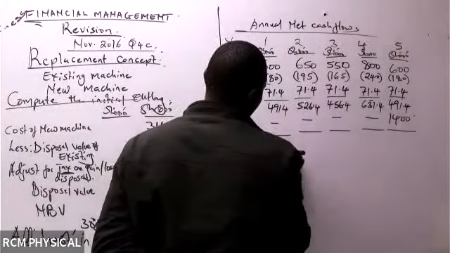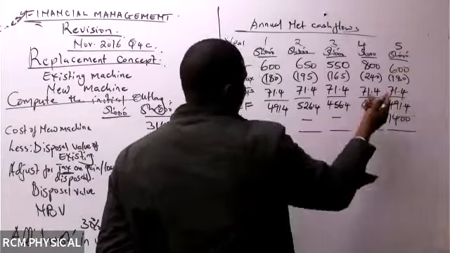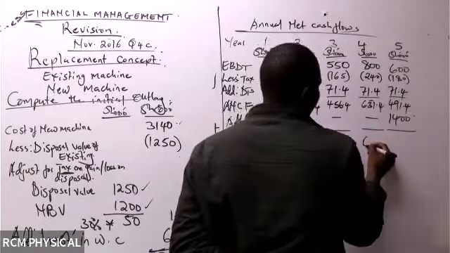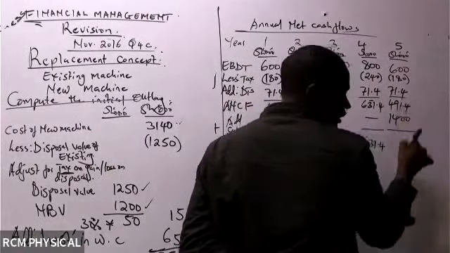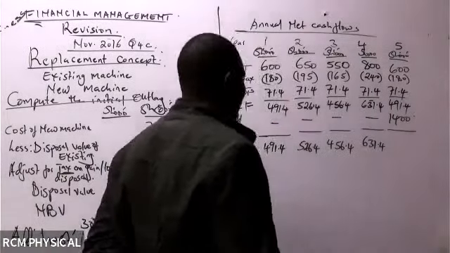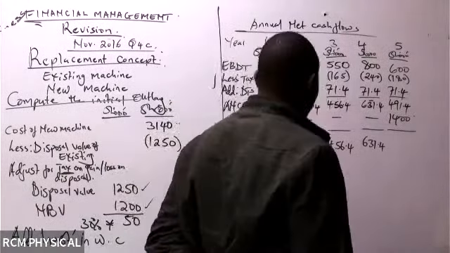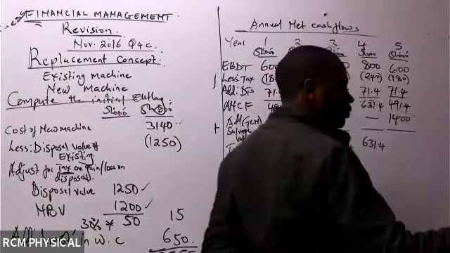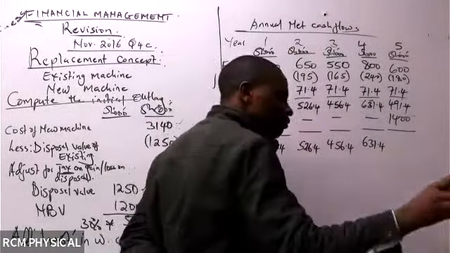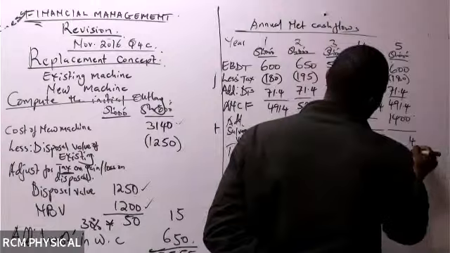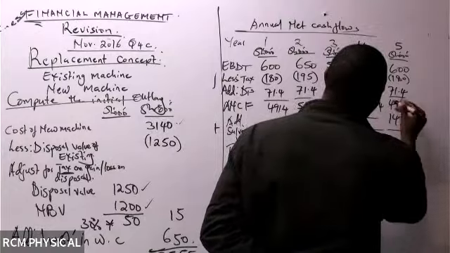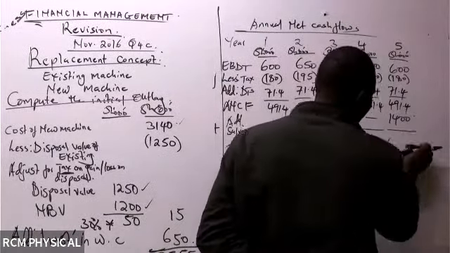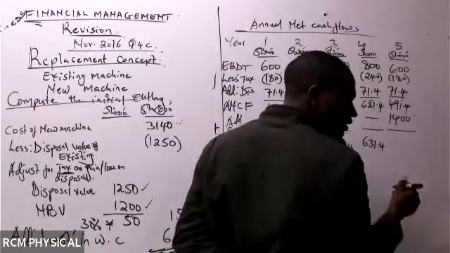The first one is 491.4, then 456, then 631.4. Then the total, adding the salvage value. Now we will discount all of it. What is the total here? So it is 1891.